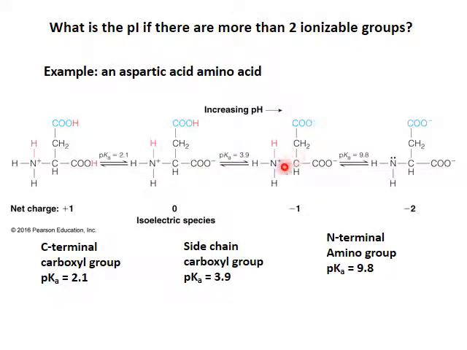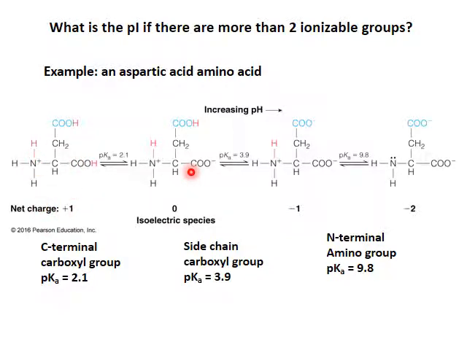The third pKa would be the amino group, and that has a pKa of 9.8. Shown here is the lone pair of electrons. Sometimes they're drawn in, sometimes they're not. You have to be aware that they're there, and that's where the proton can be attached. So if we look at the charges at the equivalence points starting at low pH, after you do the complete titration of each one of these acidic groups, the net charge in this case is +1.